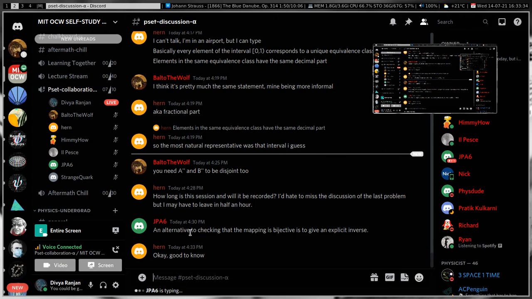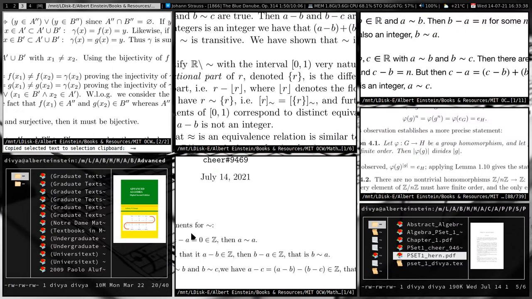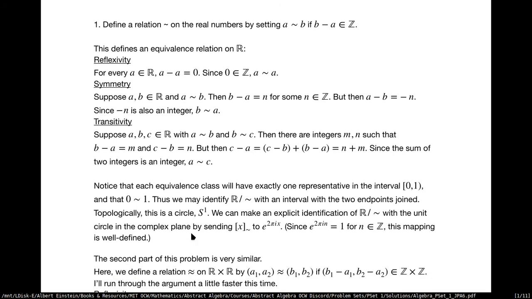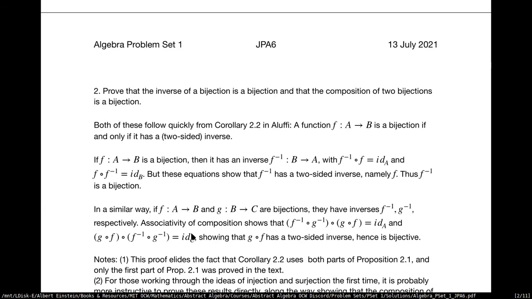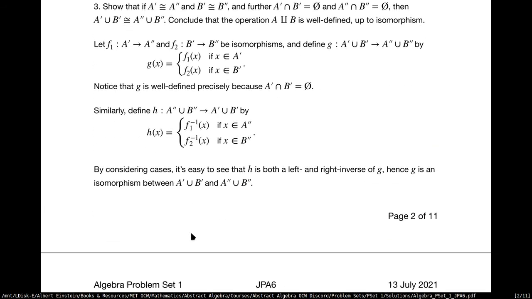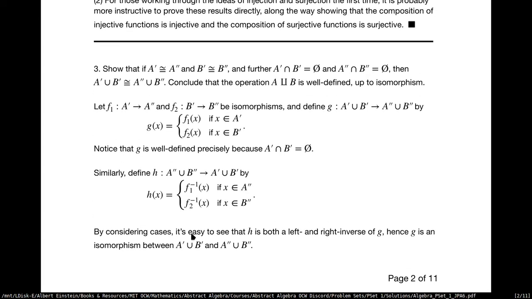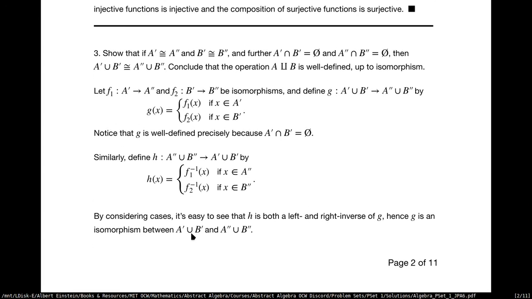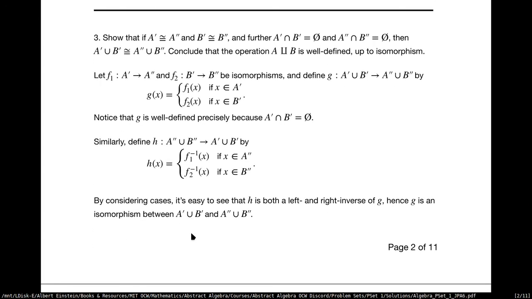Okay, so now let's just quickly check through the other solutions for problem 3. This is JPA's solution.